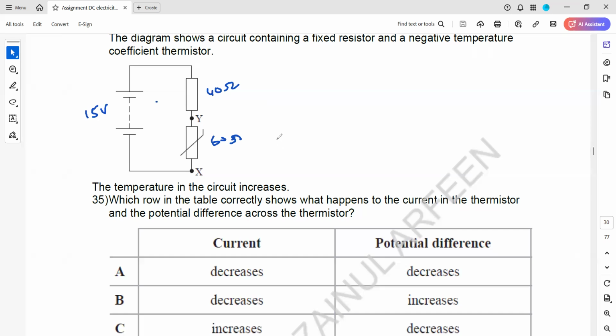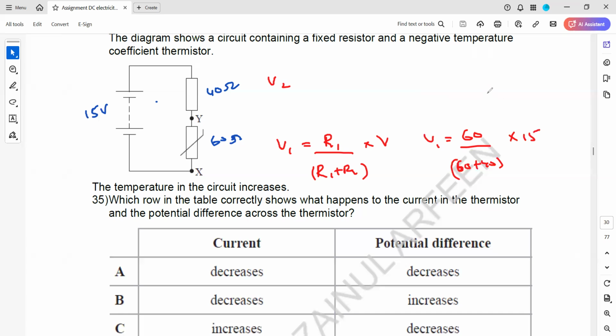If I say the voltage here is V1 and the voltage here is V2, then V1 is the resistance of that part divided by the sum of the resistances of the two components, multiplied by the total voltage. So V1 equals 60 divided by 100, multiplied by 15.